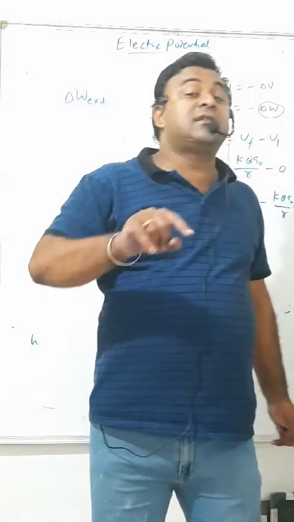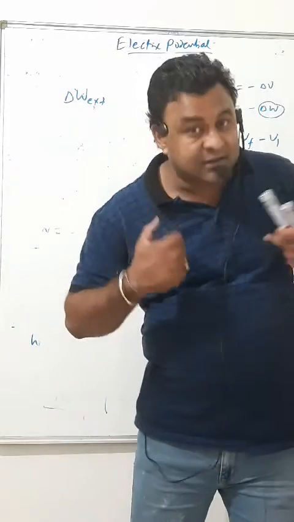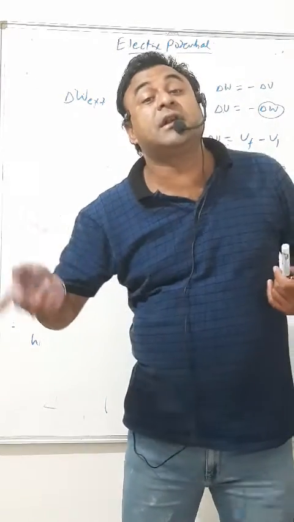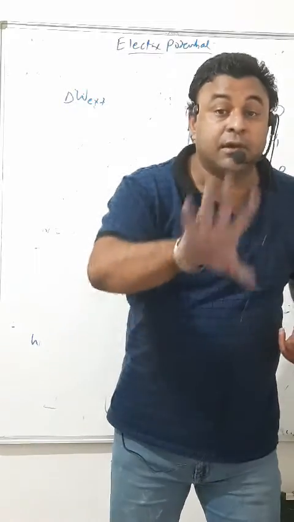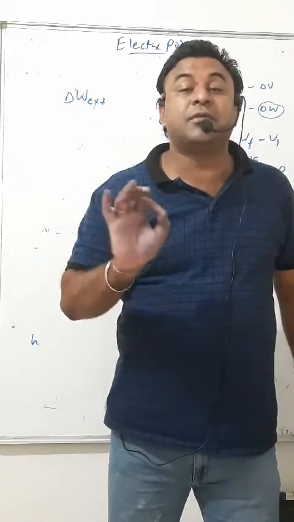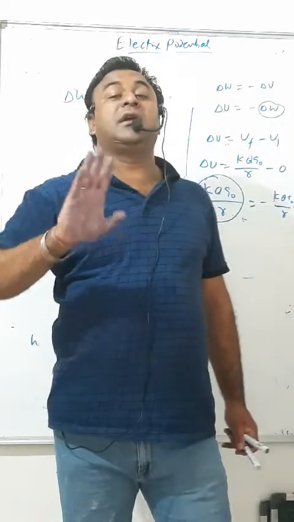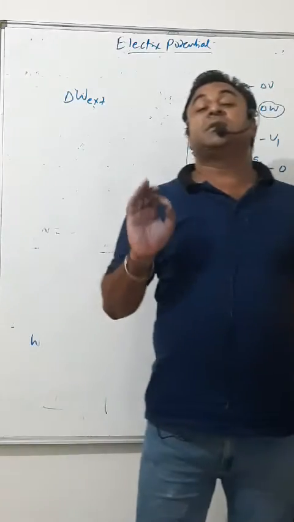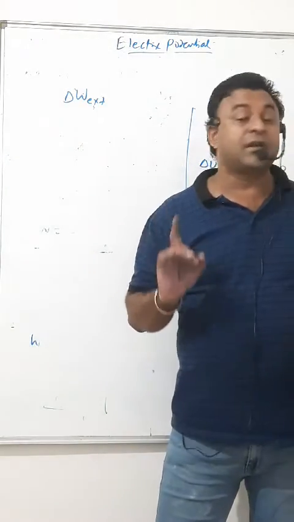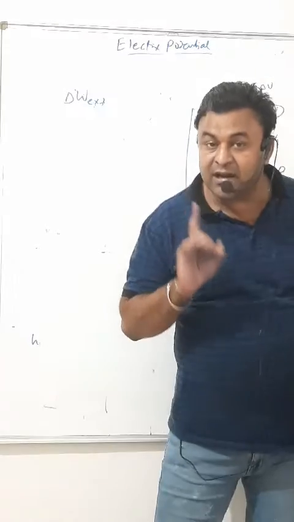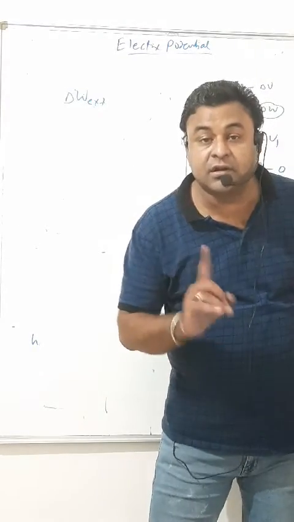The work is done by the external agent, by us also. The work is done by the electrostatic force also, simultaneously. The net sum of work must be 0, because there is no change in kinetic energy. As per the work energy theorem, the net work done is equal to the change in kinetic energy.